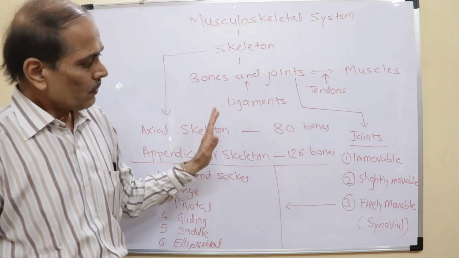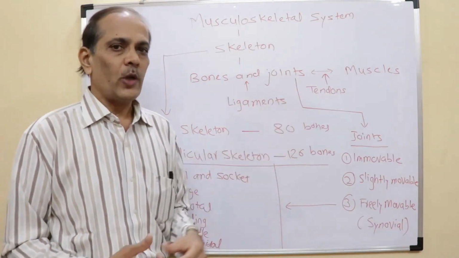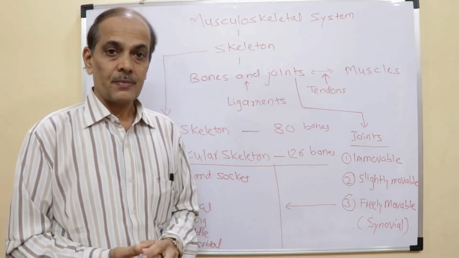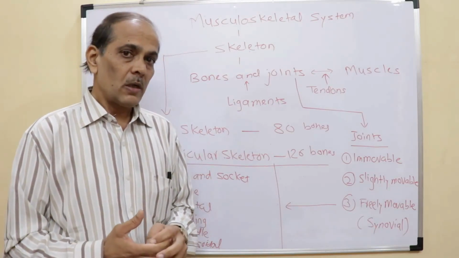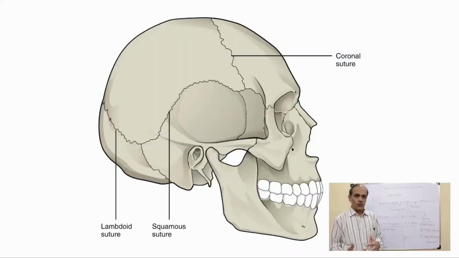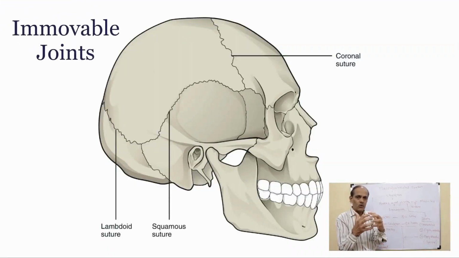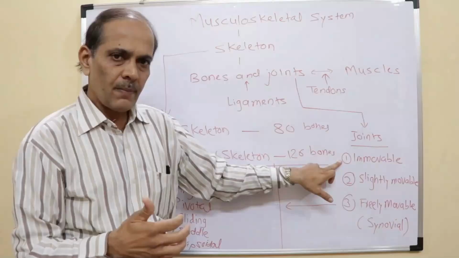As I was telling you, these bones are joined together using multiple types of joints. All joints don't need to move. For example, there is a locking joint between bones in your skull, which is a part of the axial skeleton. The skull bones are joined together by sutures, and they are called immovable joints.